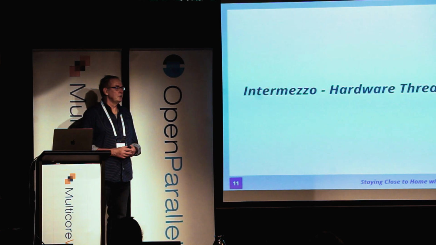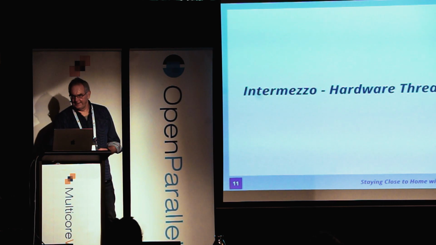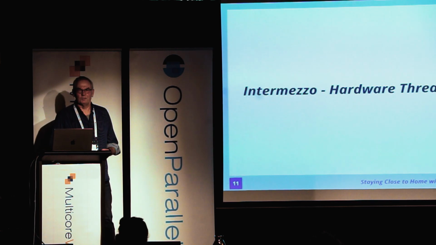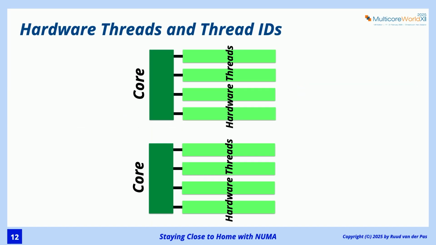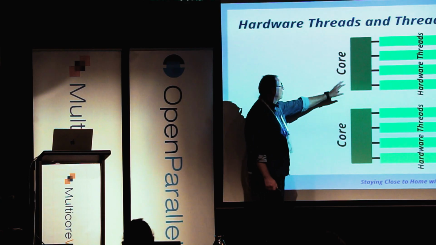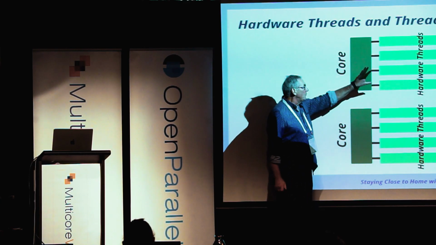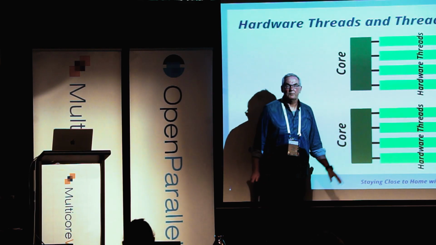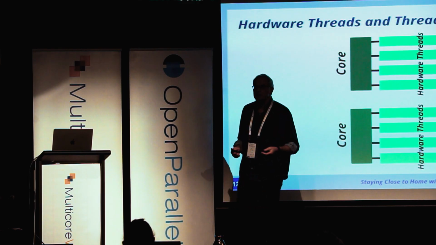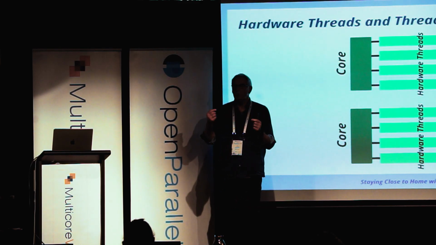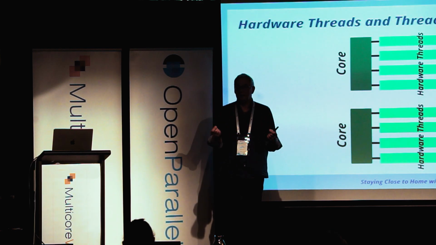And I try to avoid this slide, but I found out I need it. I need to talk a little bit about what's called hardware threads, because I need it at the end of the talk. Some designs, in addition to the core doing all the computational work, have what we call hardware threads, which is a bit of an abstraction. What it means is that the system can very quickly execute another thread.